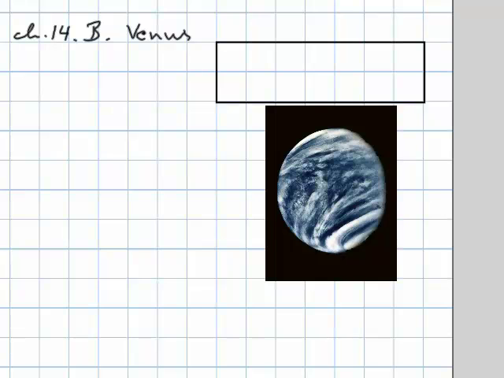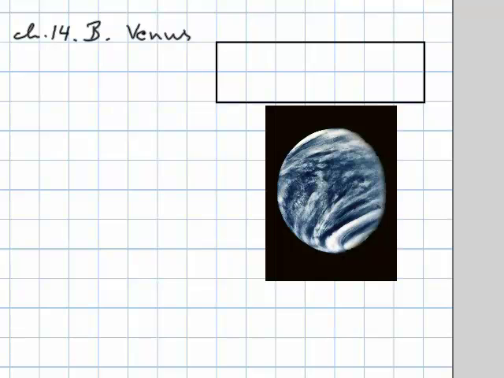Actually, mostly because the pressure is higher, which means that the number of molecules per unit volume, N over V, is greater on the surface of Venus than on Earth. Find the ratio of number of molecules over volume for Venus versus Earth.